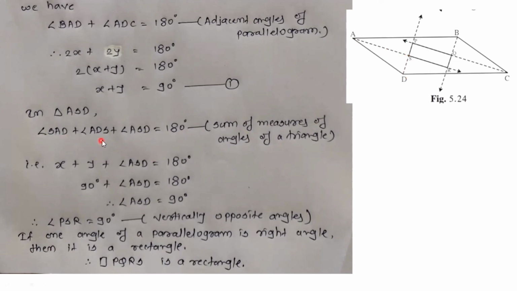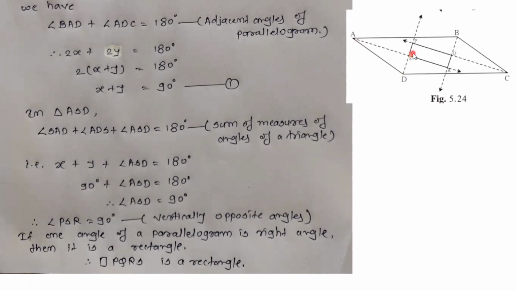Now for angle SAD and angle ADS, we have the substitution x and y, plus angle ASD is equal to 180 degrees. But x plus y, we have proved to be 90 degrees. So we replace x plus y by 90, plus angle ASD is equal to 180 degrees. If we transfer 90 to the right hand side, we get angle ASD is equal to 180 minus 90, that is 90 degrees. So in the diagram, as we can see, angle ASD is 90 degrees.